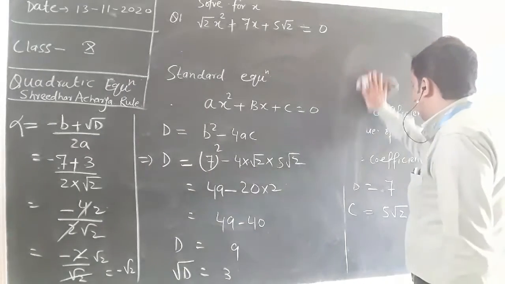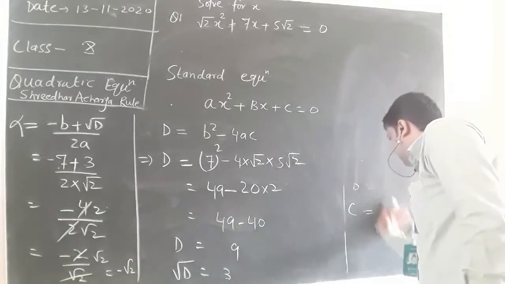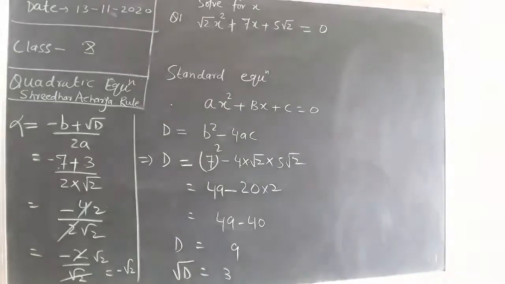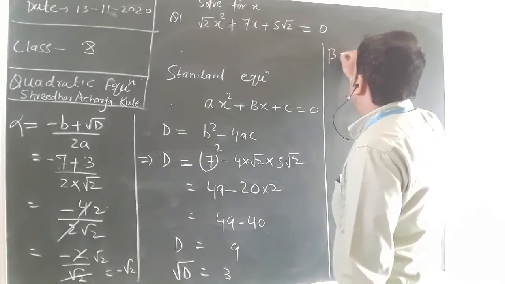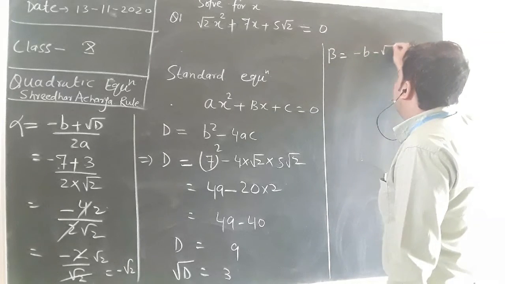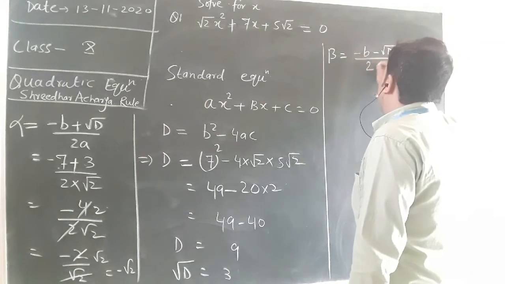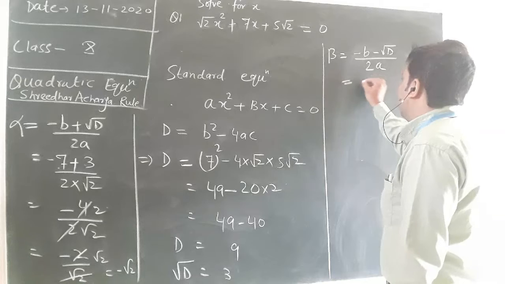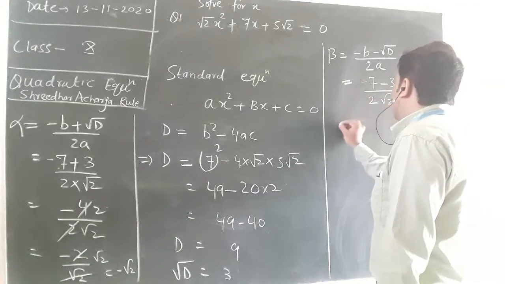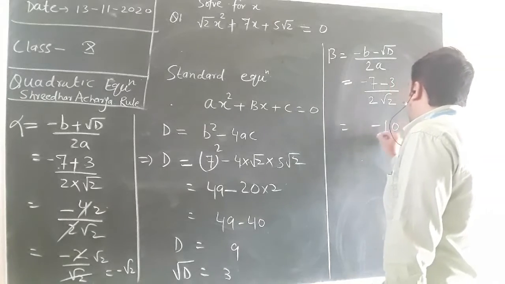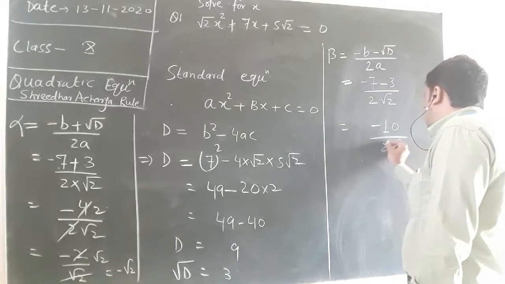After alpha, you need to find the value of beta. So beta is equal to minus b minus root D divided by 2a. That is equal to minus 7 minus 3 divided by 2 root 2. That is minus 10 divided by 2 root 2. 2 goes 5 times.